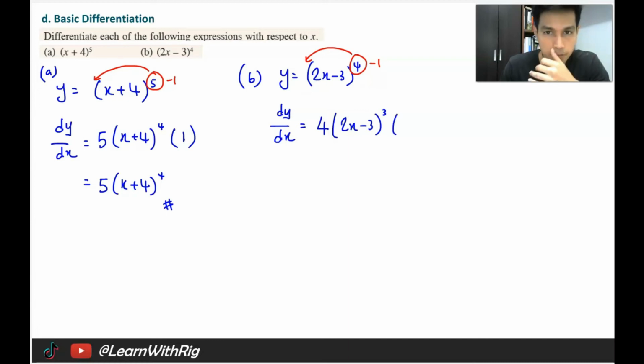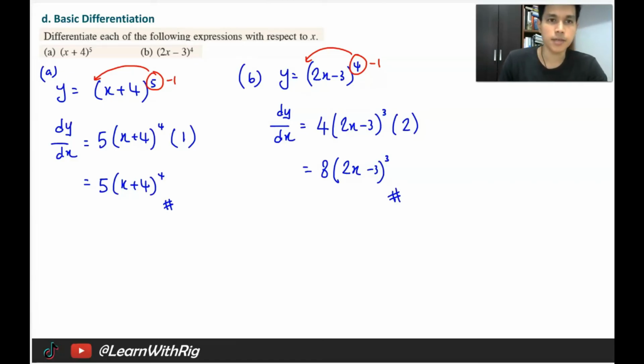And then you differentiate what's in the bracket, you will get 2 here. So you can multiply the 4 by the 2 to simplify it, to get 8 times 2x minus 3 power 3. So this is your answer. Alright, next.